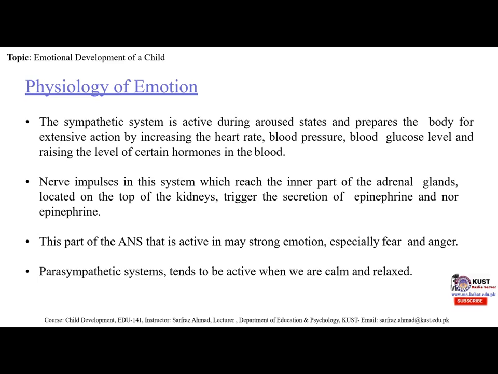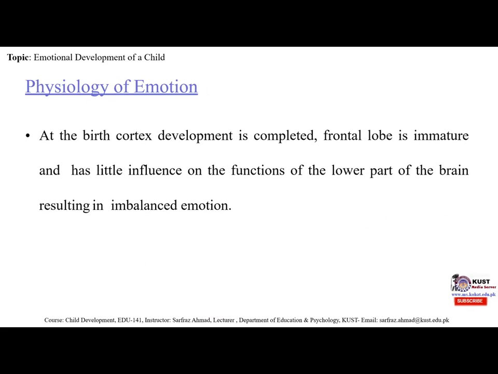And then the parasympathetic system tends to be active when we are calm and relaxed. So these are the situations when the parasympathetic system operates. Now we will study that at birth the cortex development is incomplete and the frontal lobe is immature, and this has little influence on the function of the lower parts of the brain, resulting in imbalanced emotions.